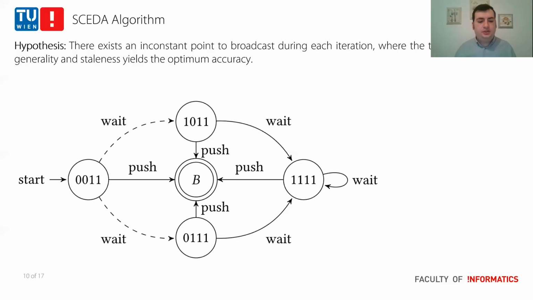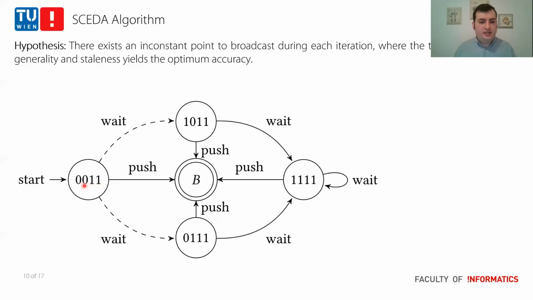So the SCADA algorithm is based on a Markov decision process model, where we have states representing the arrival of the updates from electric vehicles. Of course, I am giving you the electric vehicle example here, but in the paper, we describe a universal model. So in this example, zeros represent delayed updates and ones represent arrived updates.